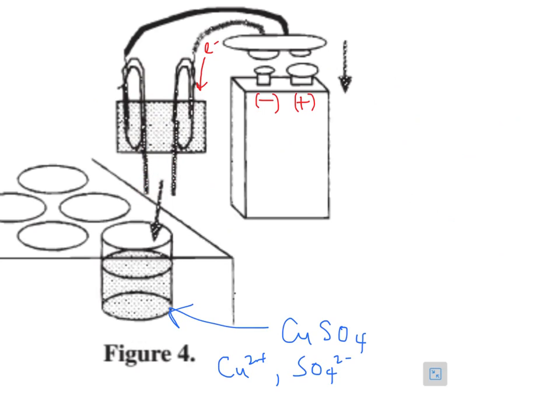You put it in the solution, and if you remember, the tip of this became coated with copper metal. And just as a refresher, what happened at that particular negative electrode was the following process right here. We had copper ions, which were in solution from the copper sulfate, being reduced to copper metal.